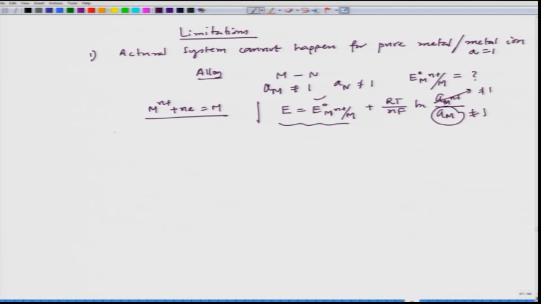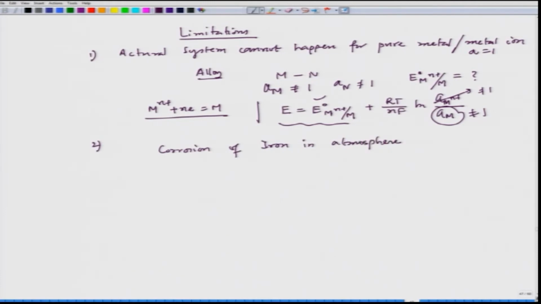Now, similarly, in some situations we may not have metal ion present in the beginning. A classic example is corrosion of iron in the atmosphere.